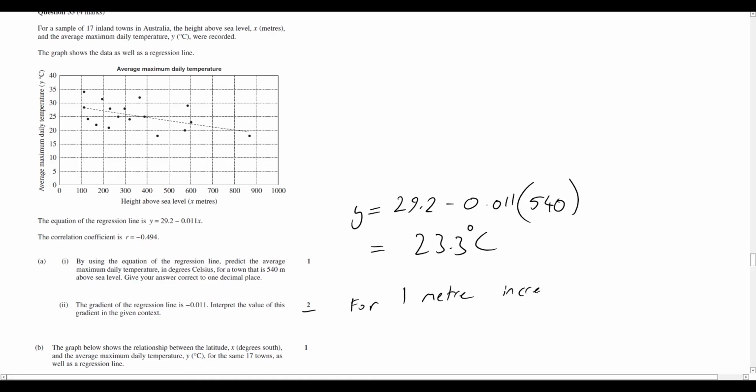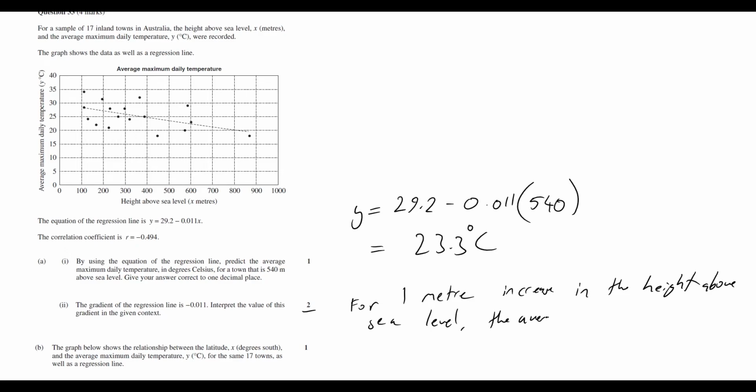So what we might say here is something along the lines of, for 1 meter increase in the height above sea level, the average maximum daily temp will decrease by 0.011 degrees Celsius.